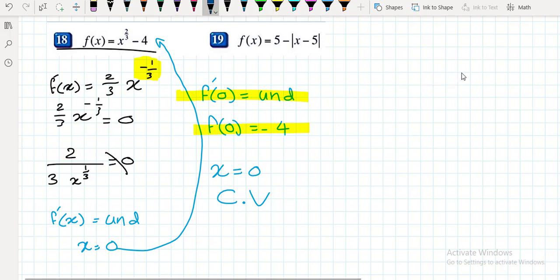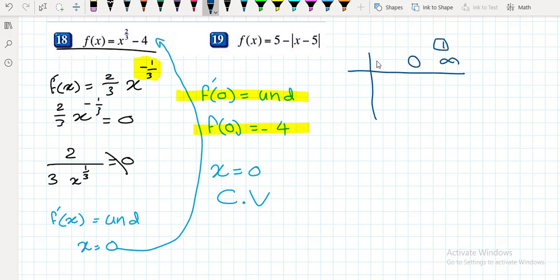Then we make a table. We have only one critical value, 0. More than 0 is infinity for testing 1. Less than 0, negative infinity for testing negative 1. This is x, f prime, f. Okay, if I put negative 1 into the derivative, doesn't matter this one or this one, they're both okay.